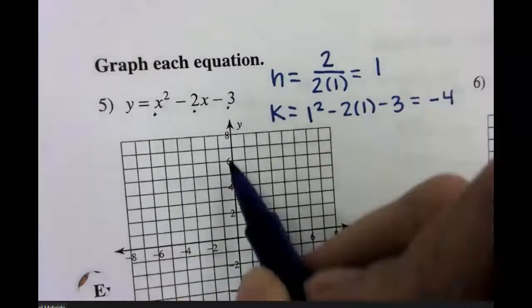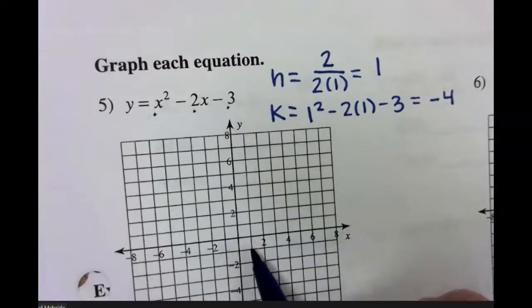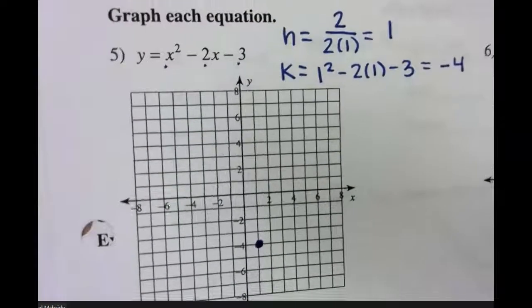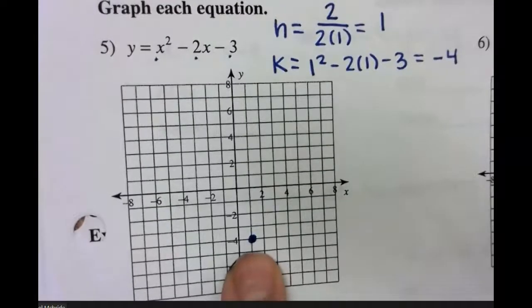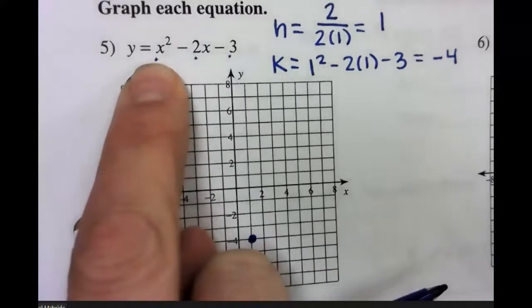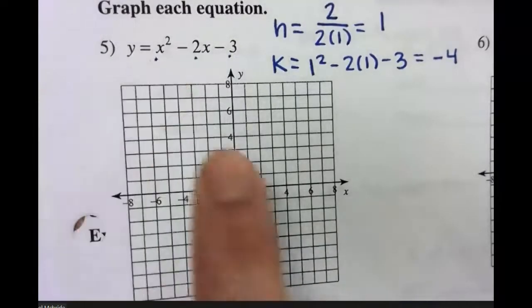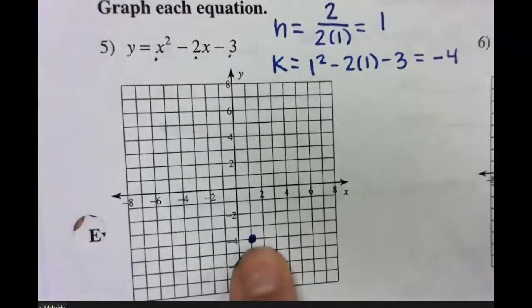That means on my graph, I have the point 1, negative 4. That point is either my highest or lowest point because it is my vertex. In this case, the a value is positive. Therefore, this is a min.